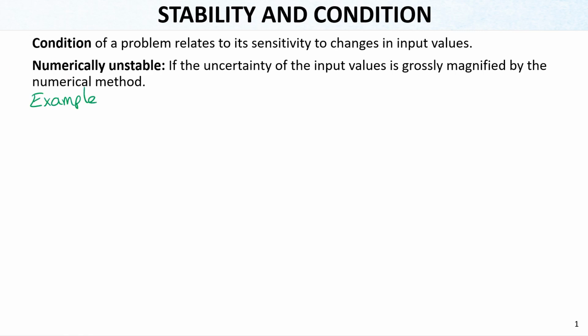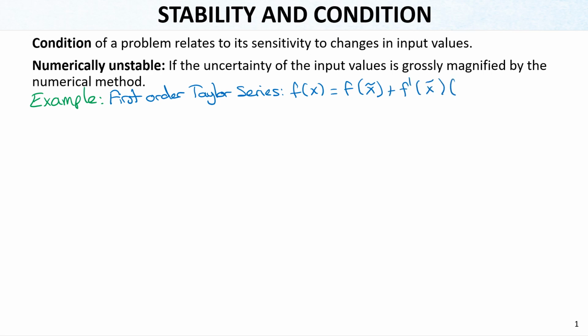In this example, we will use just the first order Taylor series. And if you remember, the first order Taylor series is, we want to find f(x) with f(x tilde) plus f derivative of x tilde and the step size or the difference.